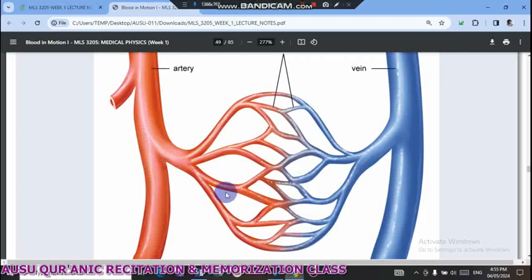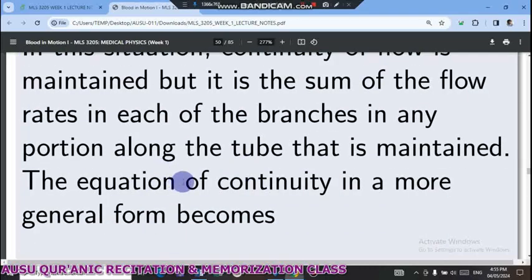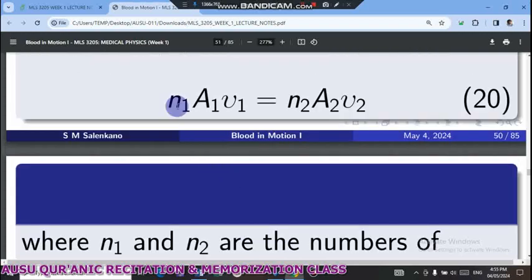Then on the left hand side I have a number, on the right hand side I have a number. So I will put those numbers in my equation, and you will see how it will change too. They say the equation of continuity in a more general form becomes, can you see, this is the number on the left and this is the number on the right, meaning the number of the branches that you have. You put it here, nothing is changed.